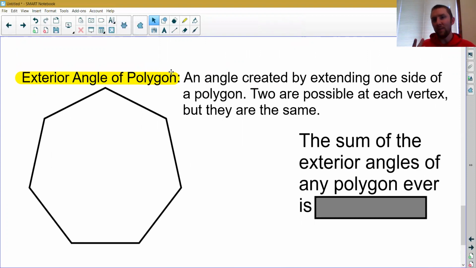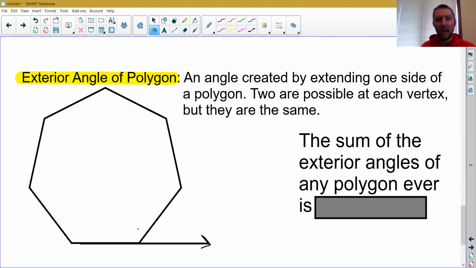You can make two different exterior angles at each corner, but they're really the same thing, and so we only ever make one exterior angle at each corner. So let me show you what one looks like. The easiest one for me to do is down here. If I start here and extend this side a little bit in this direction, and put a little arrow on here, I extend one of the sides.